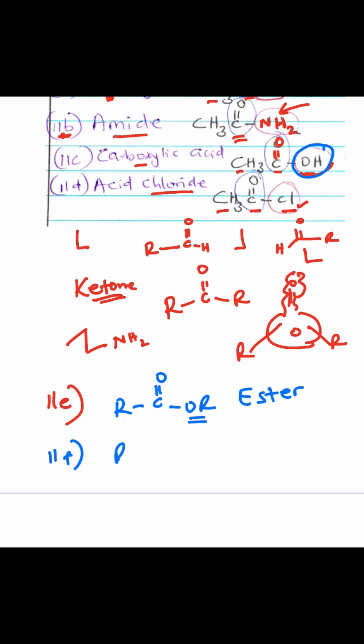11F, RC double bond O, oxygen, and then you have a carbonyl there like that. So that one there is called acid anhydride.